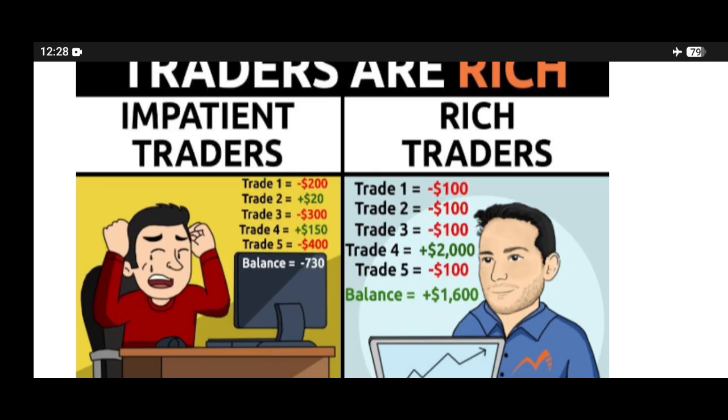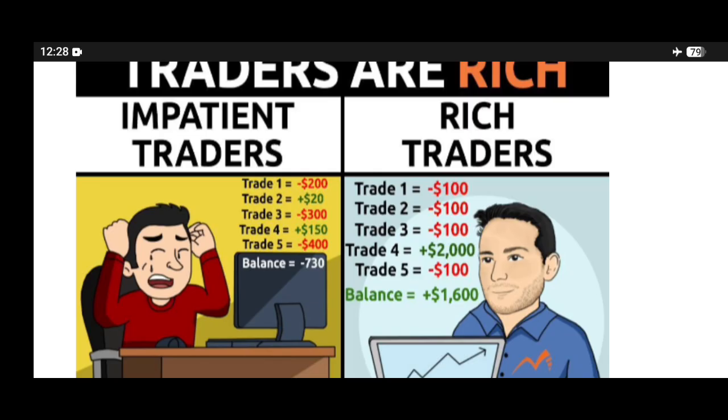And he took the fifth trade, which is the final trade, and he loses $400. So in total, he lost $900 and made $170. Then his balance is $720.